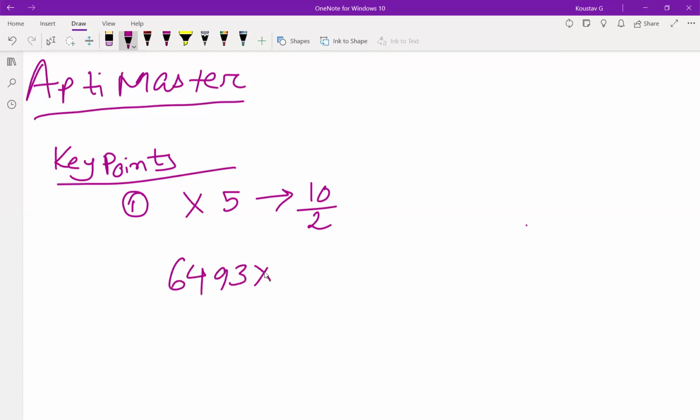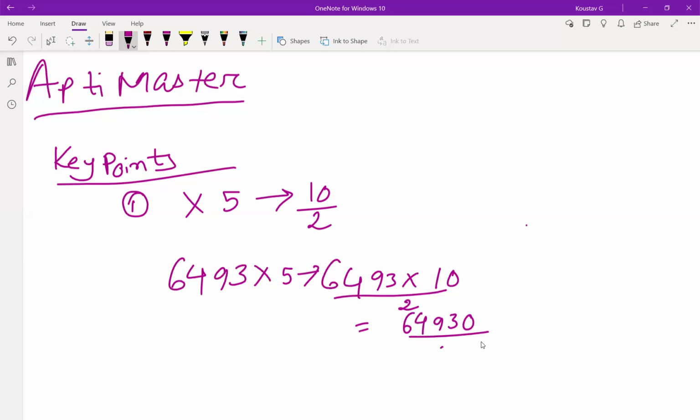For example, suppose the question is to multiply 6493 by 5. You multiply by 10 and then divide by 2. So you get 64930 divided by 2, and it becomes 3, 2, then 4, then 6, then 5.